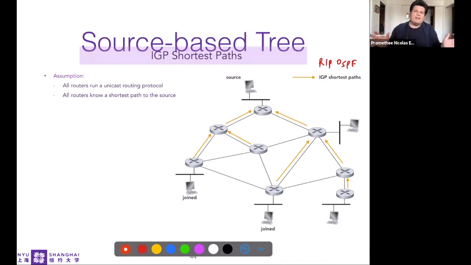Whatever you do, multicast or not, you're supposed to have those routes. So these are the routes that I have. Any problem with this? That's the shortest path. So this is included in the unicast routing tables of the routers. I'm going to put them in bold. You can see that those are thick lines, just to remember what is the shortest path.